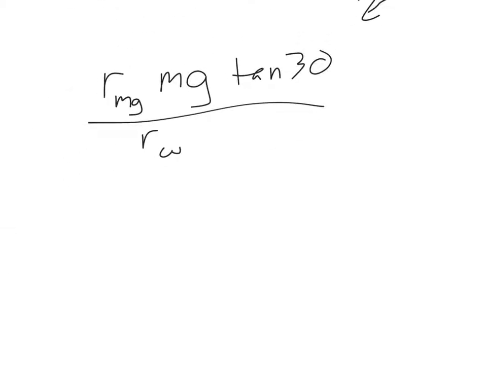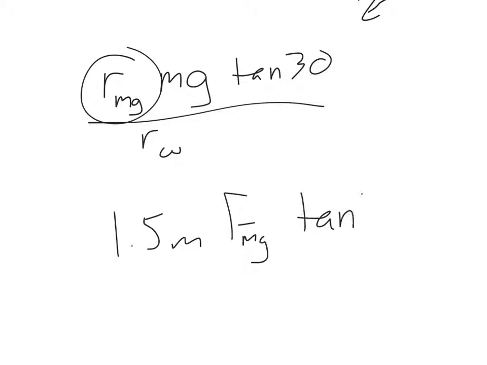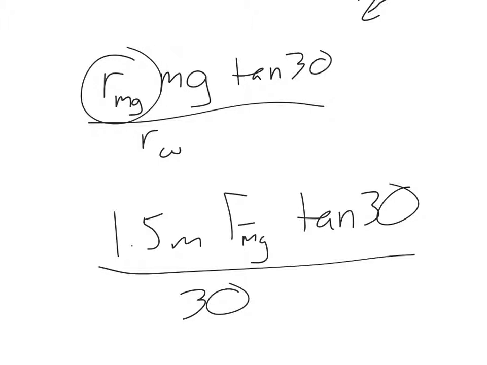All right. So essentially, the radius at which, so this is going to be 1.5 times the force of gravity times the tangent of 30 over 3. So this is going to be 1.5 over 3, a half of the tangent of 30.